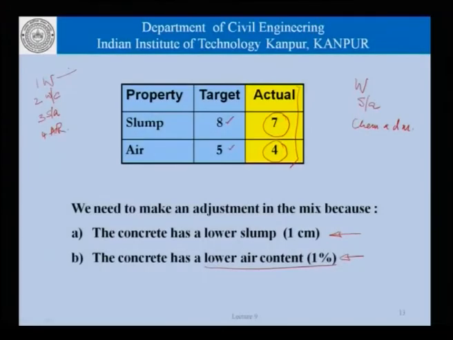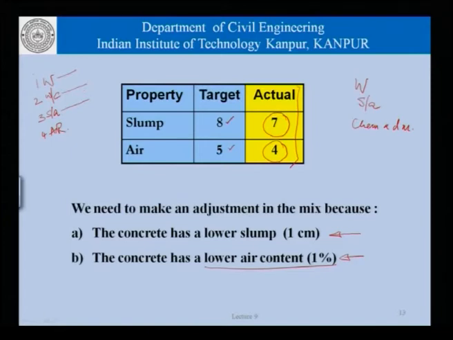We get the water content from the water slump relationship, we get the cement content from the water cement ratio required based on the strength required. Then, as far as proportioning the inert material is concerned, we use the S by A to find out how much sand should be there as a proportion of the inert material.